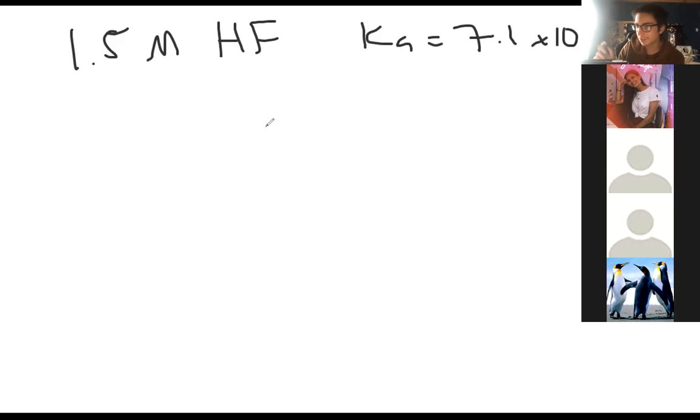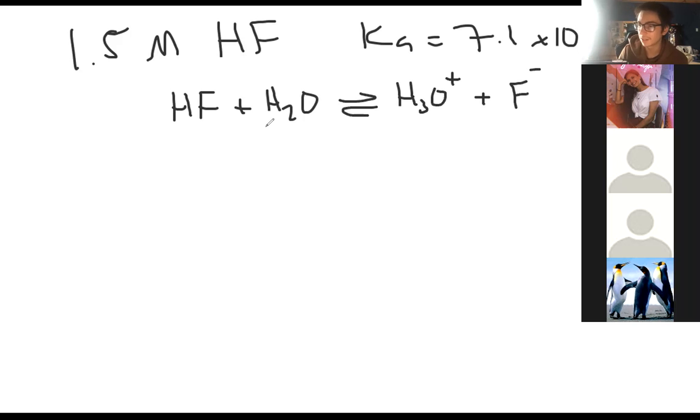The first thing we're going to want to do is write out the chemistry of what's going to happen. So we have HF plus water will dissociate into H3O plus and F minus. So we have our ICE table. Water we don't care about. Initial concentrations are 1.5, 0, and 0.